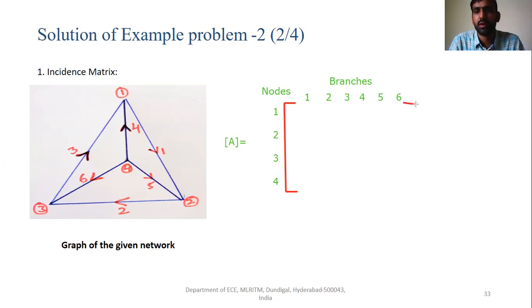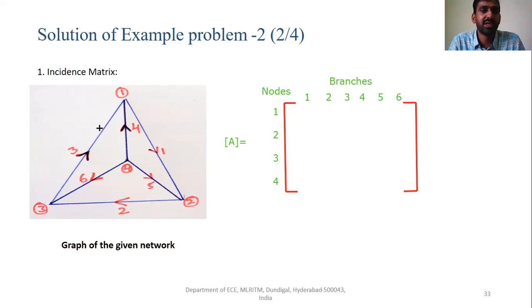So how are we going to obtain the elements? Based upon the direction of the branches, in the sense, the current direction.